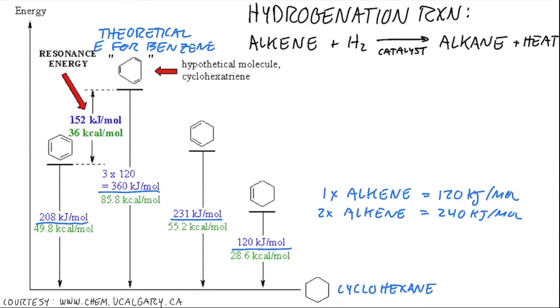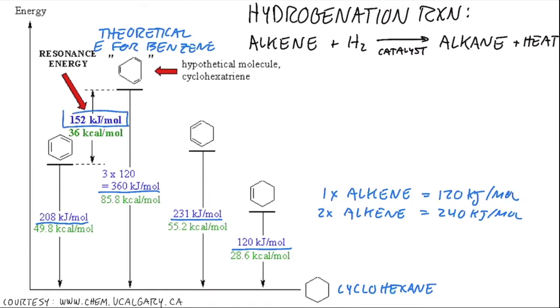And so when chemists were first trying to figure out what was going on with benzene, when they noticed this difference in energy, they said, yeah, that doesn't really make sense. And so they began to call it something along the lines of resonance energy, because they were aware that the double bonds could interact with one another in a resonance type of fashion. So there is this difference in value, right?